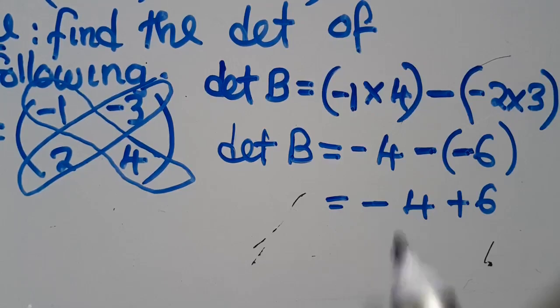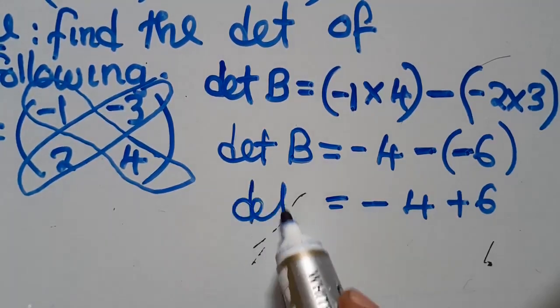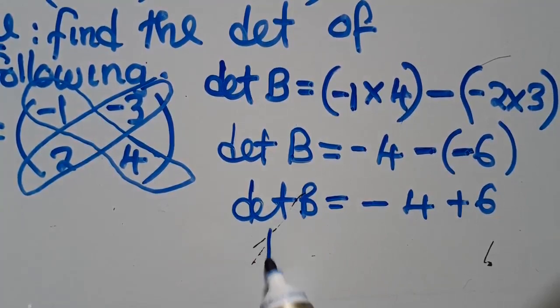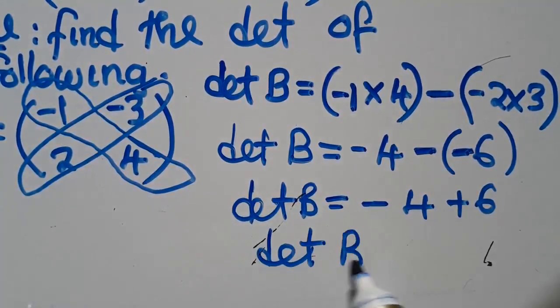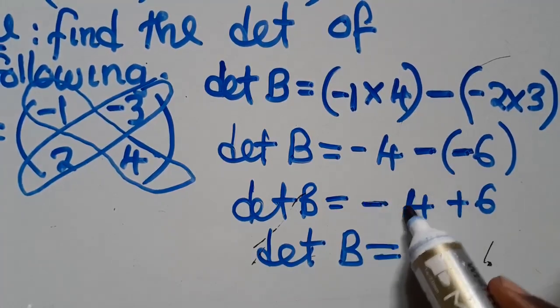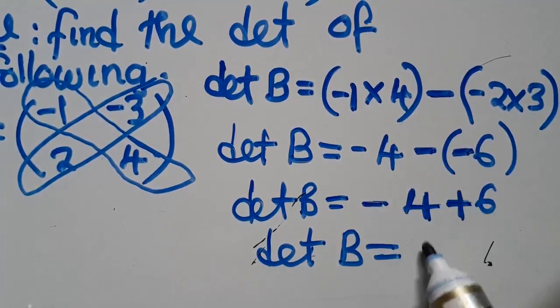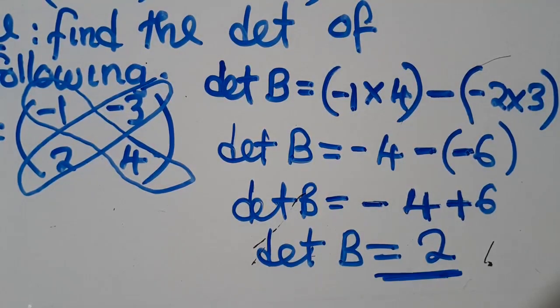So meaning that the determinant of B is finally equal to -4 plus 6. It is 2. So this part comes in paper 2, where you are allowed to use a calculator.